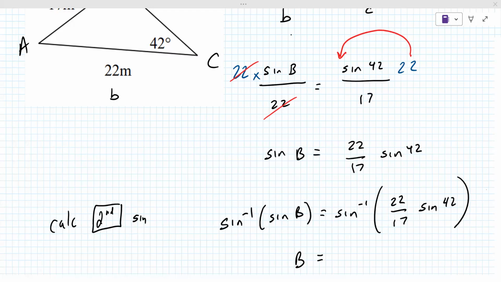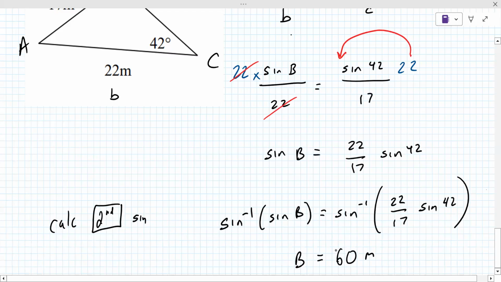And let me know what you come up with. Is it 59.9? So maybe 60 meters. Good.